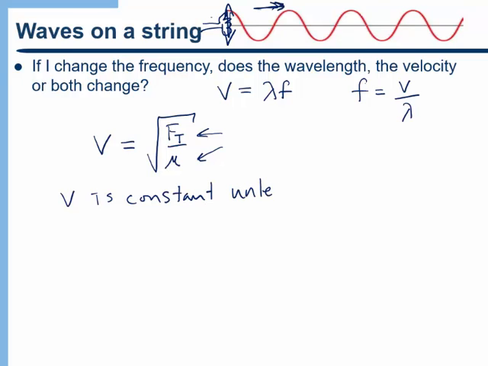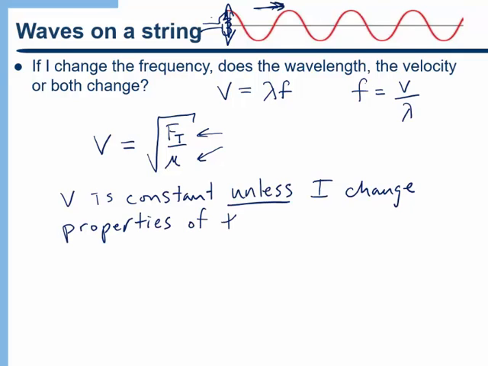Okay? So v is constant unless I change the properties of the medium. And so in this question, if all I'm doing is changing the frequency, I haven't changed the tension in the string, and I haven't changed the mass per unit length of the string, which I'd have to do by actually getting a different string, then v has to be constant.